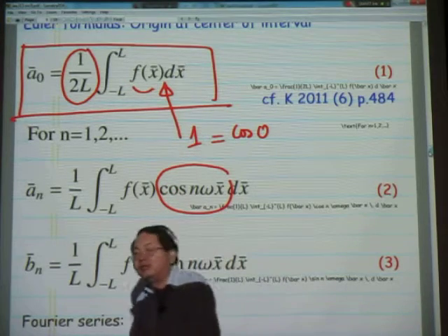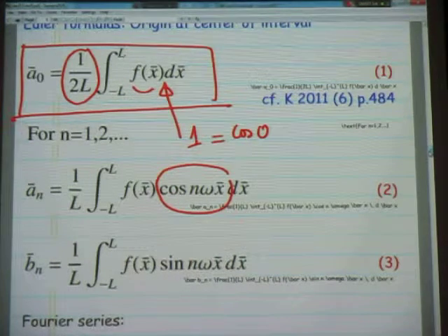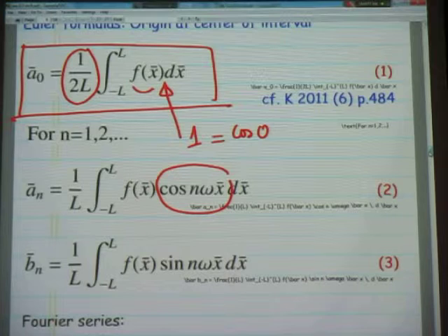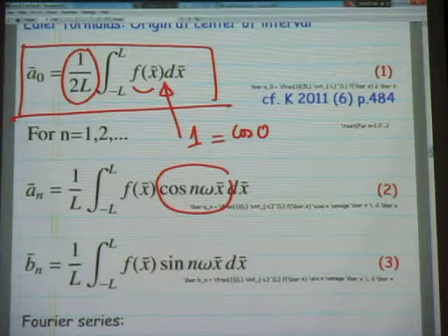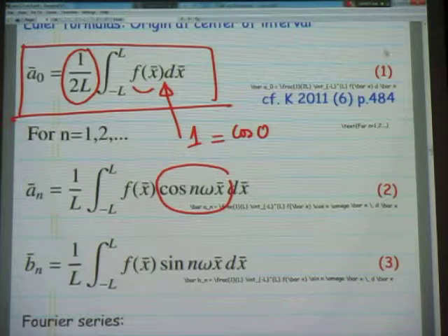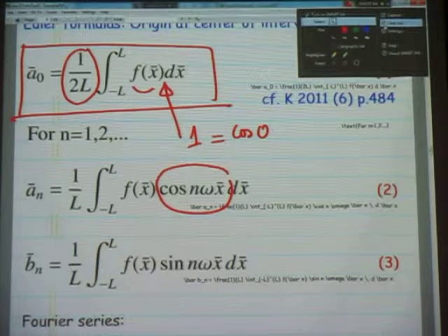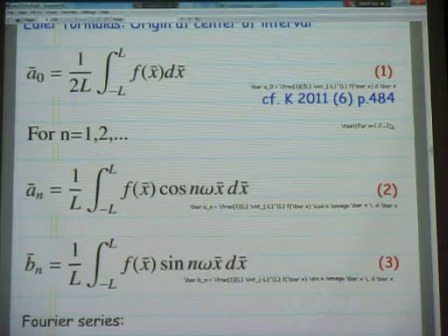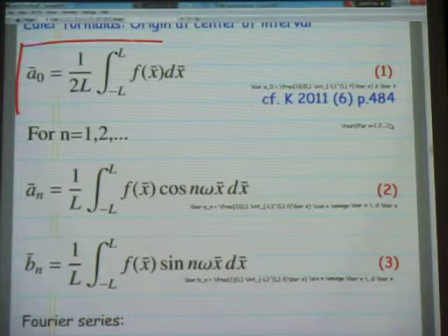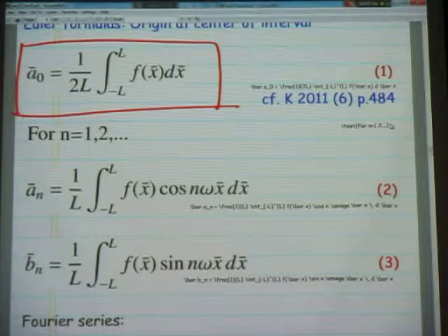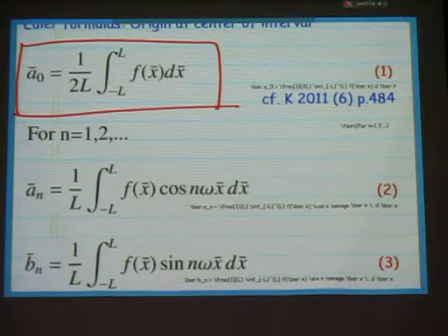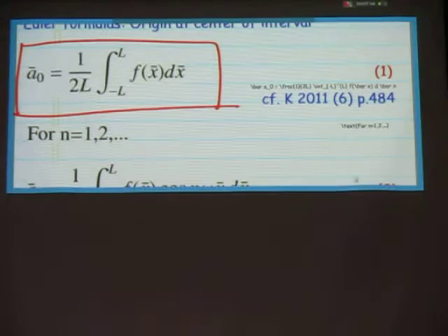Why? We need to get into the derivation of these coefficients. But let's think about the interpretation. Okay, let's think about the interpretation of a bar 0. Right, let me ask the class. So this is a good opportunity for active learning here.